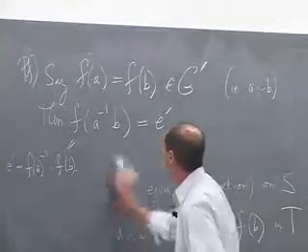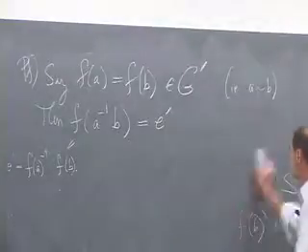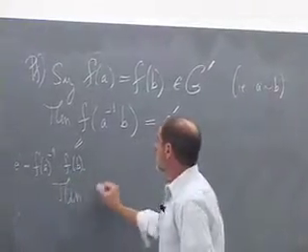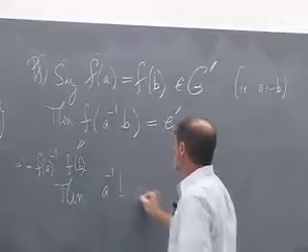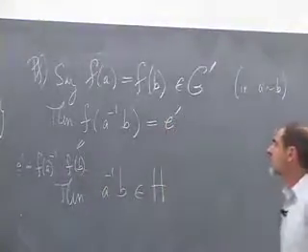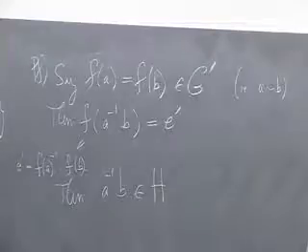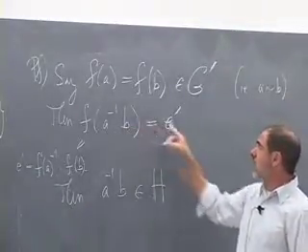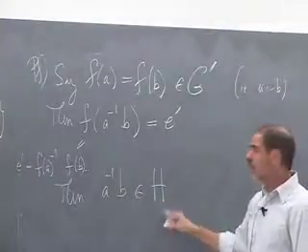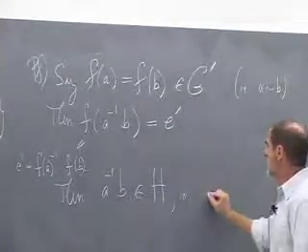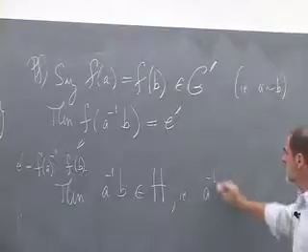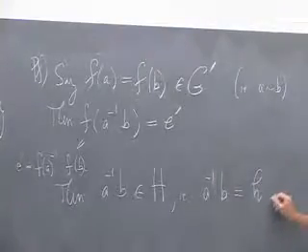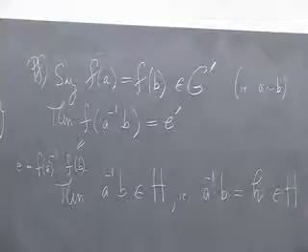Okay. Now that means a inverse b is an element in H. It's an element such that f takes it to the identity, so it's an element in the kernel, i.e., a inverse b is equal to some element h which lies in the kernel.